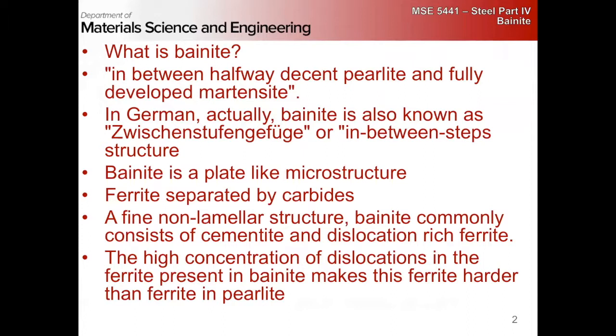So bainite is this weird kind of halfway in-between thing. It has a definite shear, but then it also has carbides that form by diffusion, right? And the thing that makes it really interesting is there's a lot of dislocation-rich ferrite because of the shear, the plastic deformation. That shear has a large characteristic.